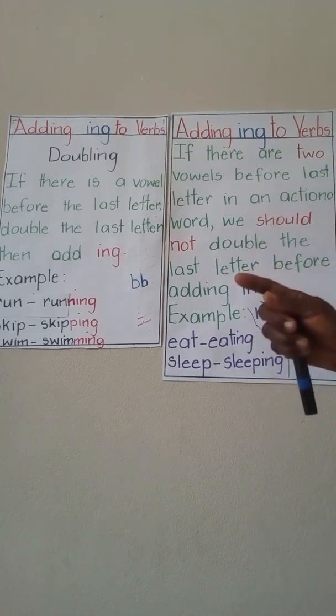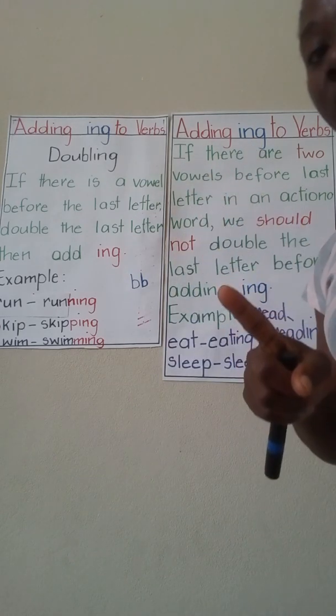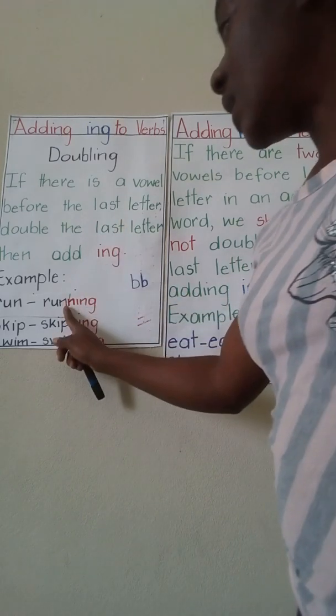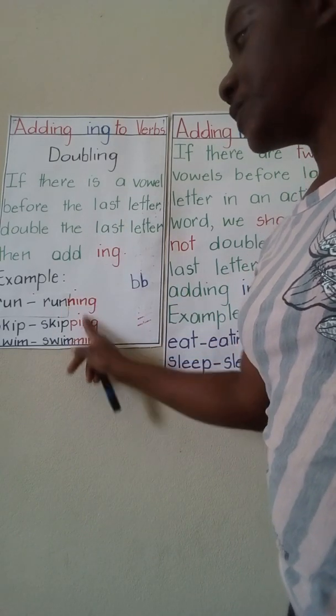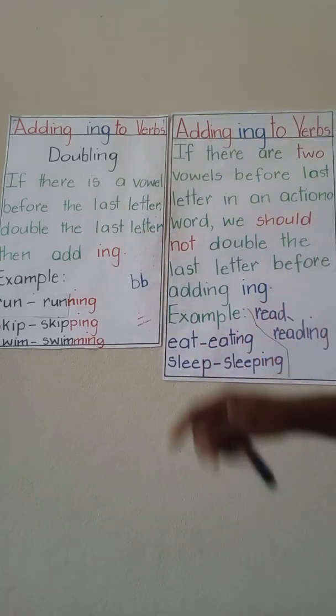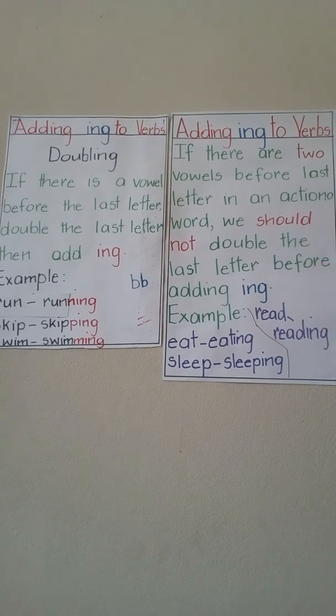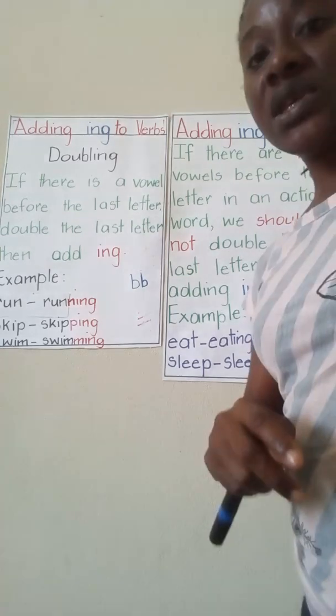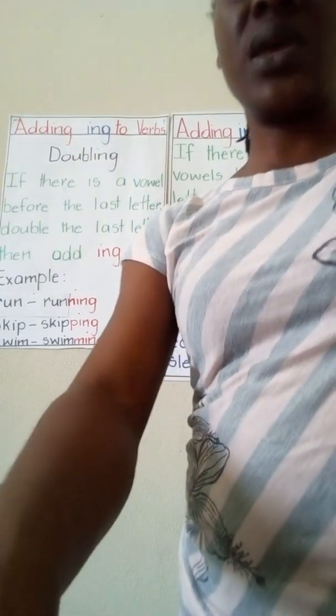For words that have one vowel before the last letter, we double the last letter before adding ing. If there are two vowels before the last letter, we do not double the last letter, we just add ing. And as usual, I'm going to give you some in a minute so that you can practice.